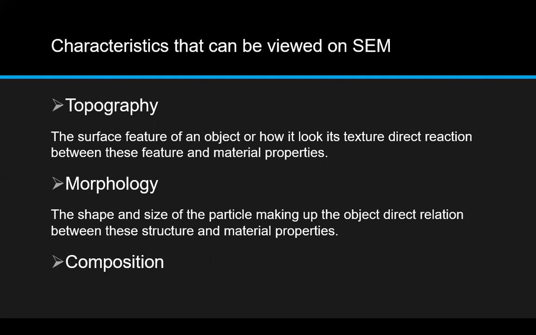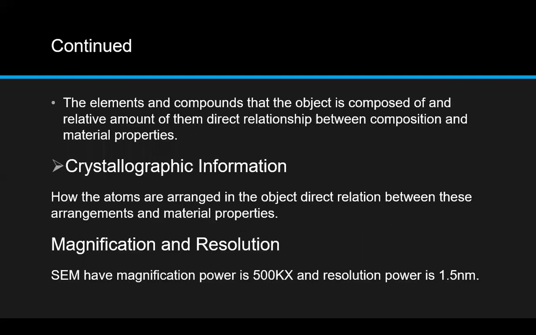Composition: the elements and compounds that the object is composed of, and their relative amounts, and the direct relation between the composition and the material properties. Crystallography information: how the atoms are arranged in an object, and the direct relation between this arrangement and the material properties.